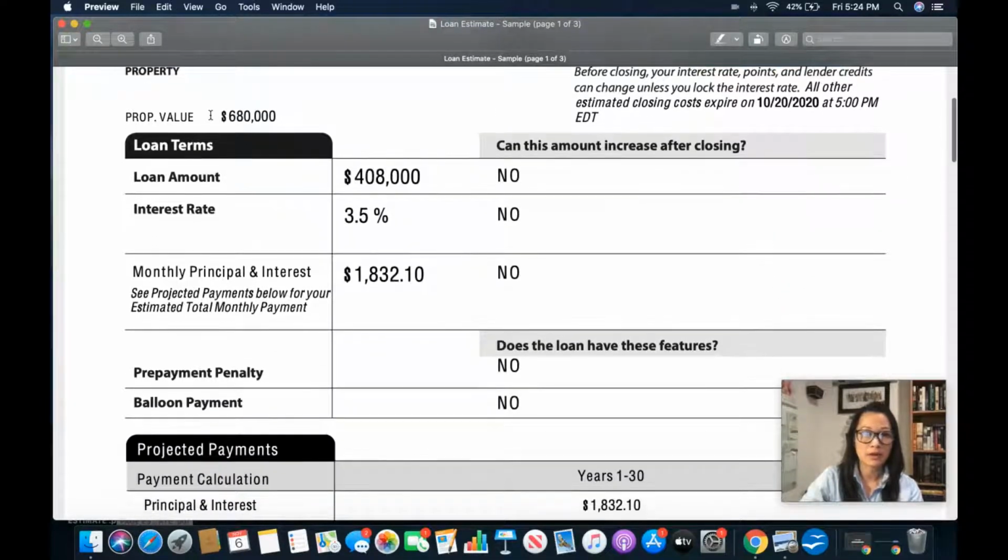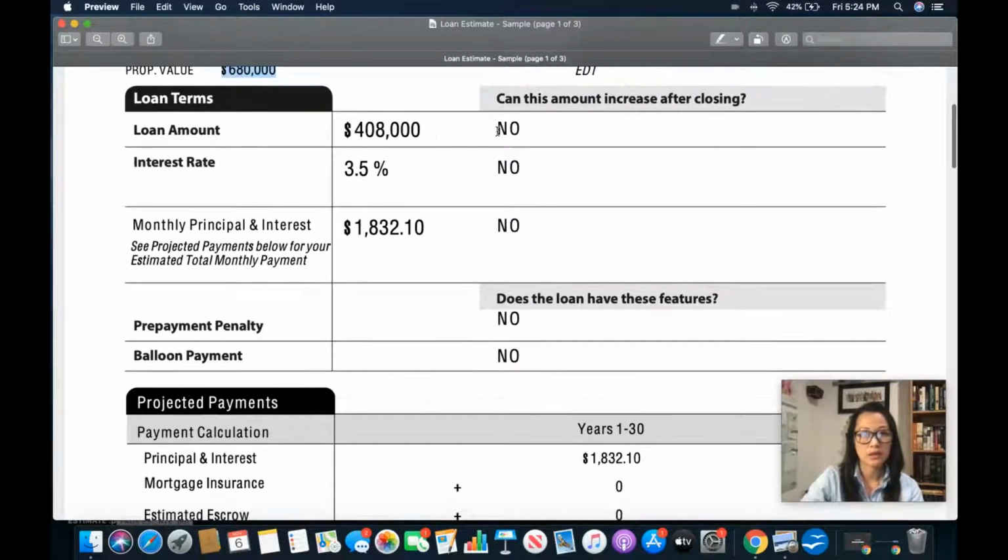Now, the property value will show up here, and these tabs are written so that it's categorized, so you know what section is talking about what. If you look through it, most people can understand what's going on instead of just getting overwhelmed.